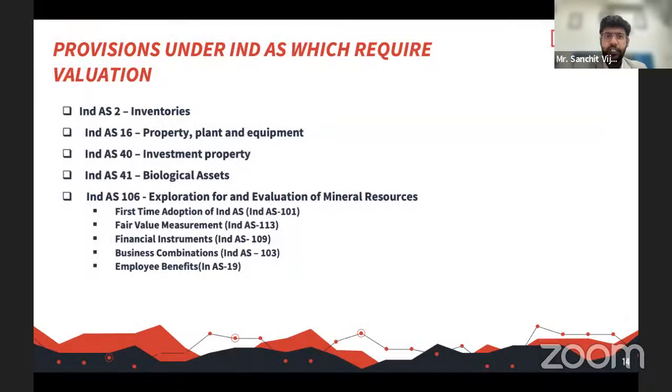Provisions under Ind AS which require valuations have been listed out, where we capture Ind AS 2, Ind AS 16, property, plant and equipment, Ind AS 40 whenever we are doing a valuation for investment property, Ind AS 106. There are other fair value measurements, financial instruments, business combination, and employee benefits, Ind AS 19, where valuation is required at different stages.